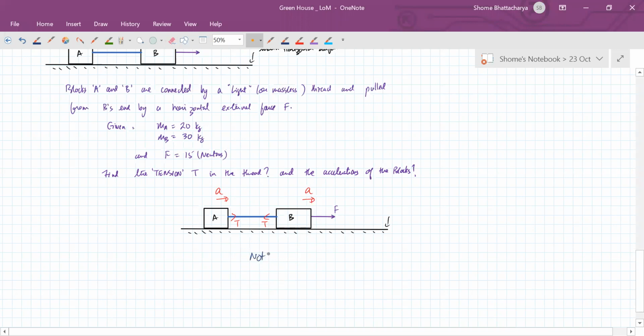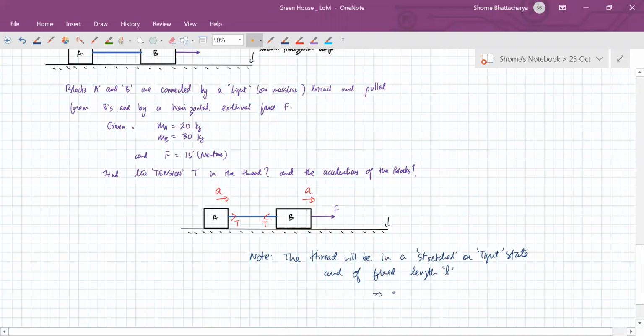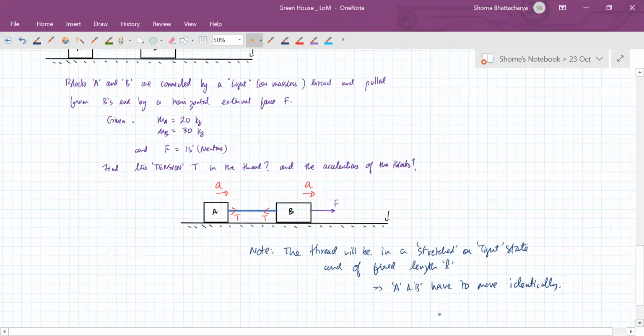Okay, what is happening? The thread will be in a stretched or tight kind of state, and of fixed length, let's say L. So that means that A and B have to move identically, because the distance between them has to remain fixed.